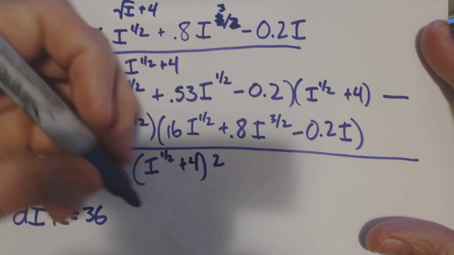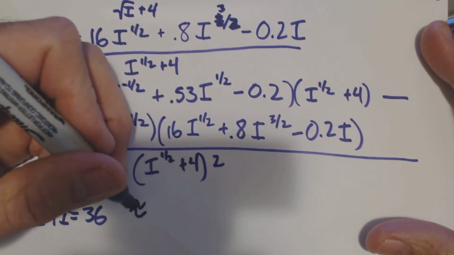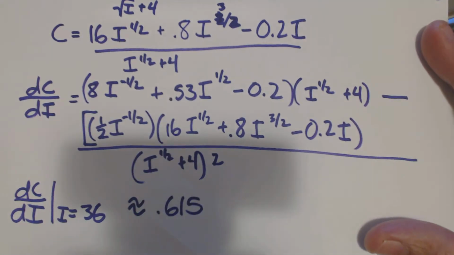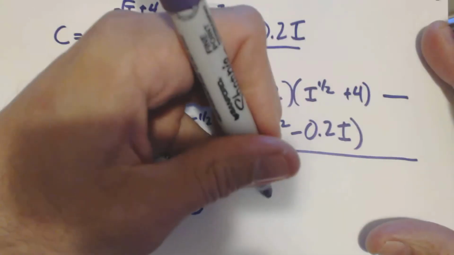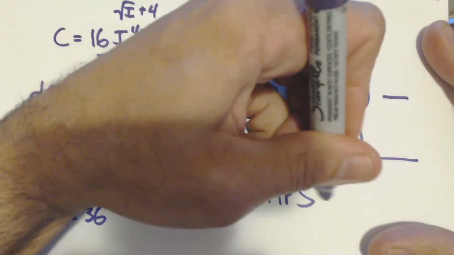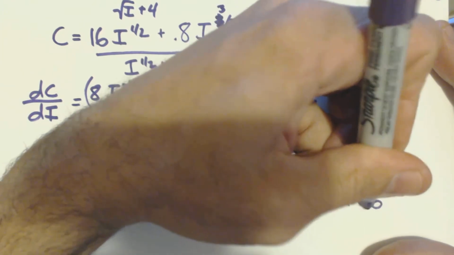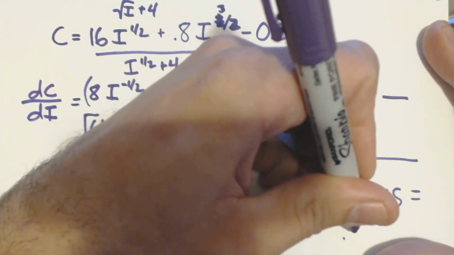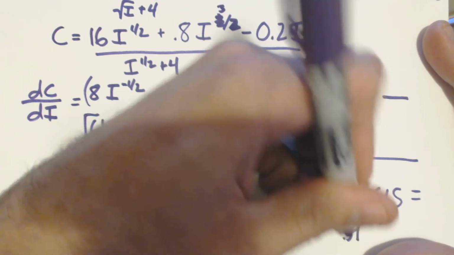We roughly get 0.615, and so this is the marginal propensity to consume. So the marginal propensity to save is going to equal 1 minus 0.615, which is going to equal 0.385.